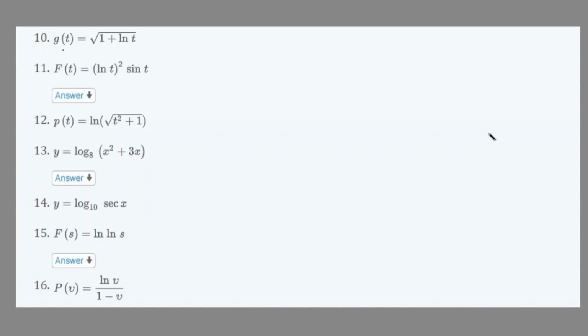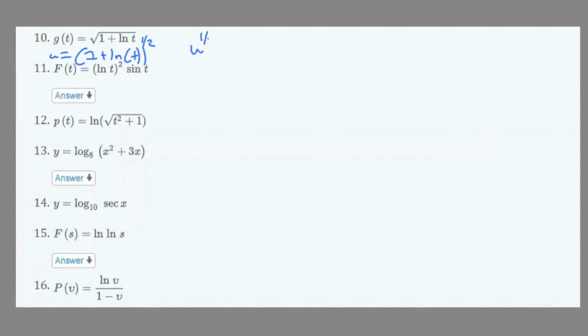Alright, so let's look at number 10. Number 10 is the function g of t is equal to the square root of 1 plus ln t. So we rewrite that real quick: 1 plus ln t, that is to the half power. So by the chain rule, we can set this as one variable. Let's just set it to u. So u is equal to 1 plus ln t.